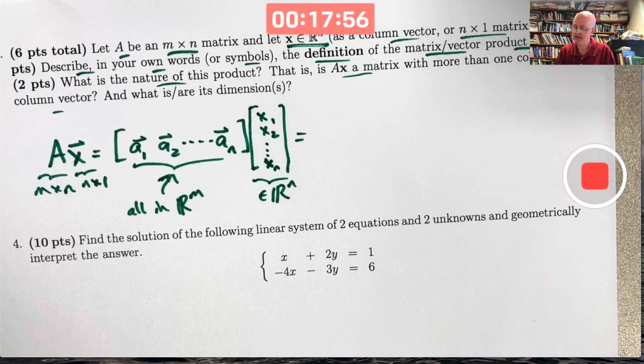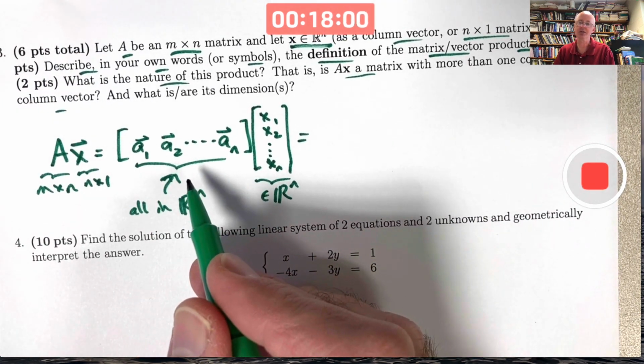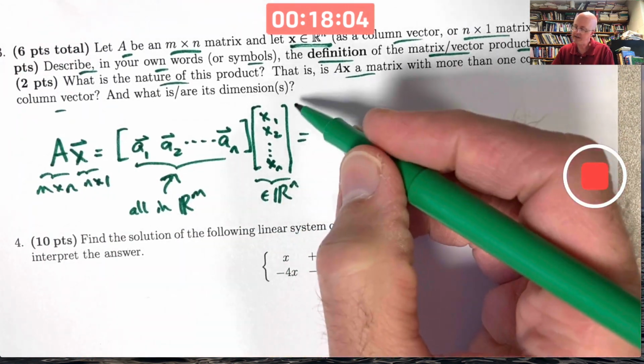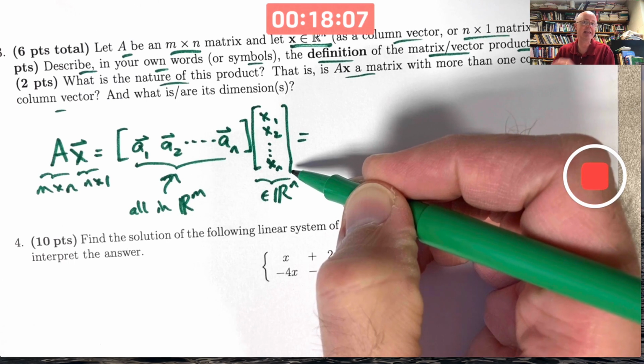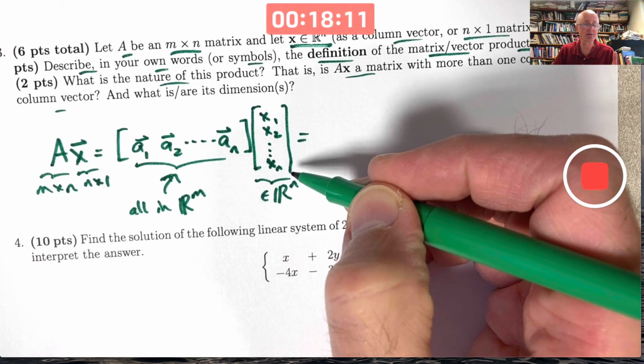And what I always emphasize, and what many textbooks emphasize, is that this product, by definition, here's the key, is a linear combination of these columns of the matrix capital A with these components of the vector x as the weights, the coefficients in front of the vectors, the scalars.